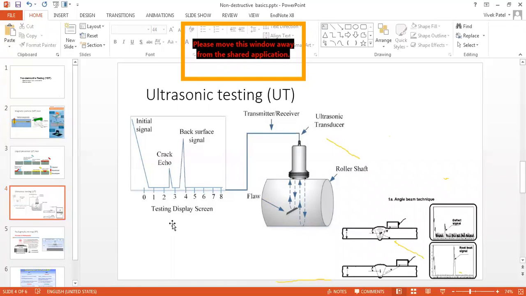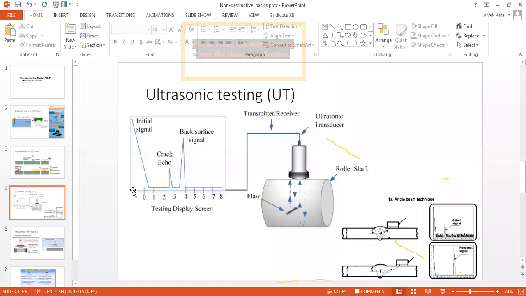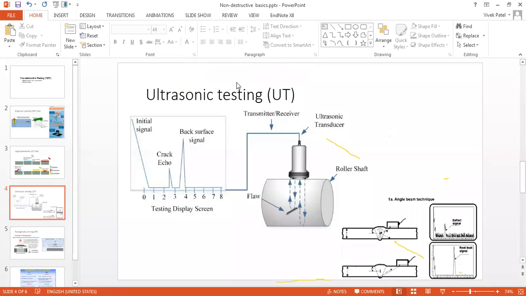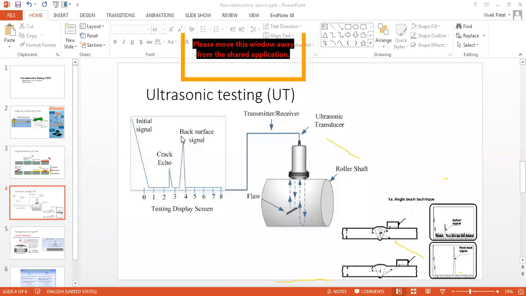You can have this peak on the screen, just like an LCD, an electronic device, and that electronic device will give you the different signals in terms of peaks. Here you can see the largest peak is nothing but showing that the ultrasonic sound waves are transmitting throughout the workpiece and coming back.